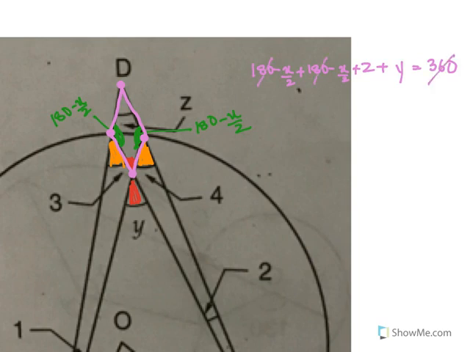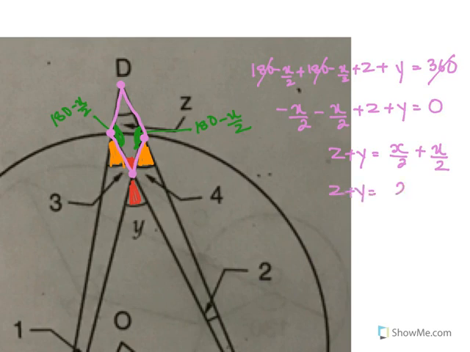This 360 and this cancel out. So minus x by 2 minus x by 2 plus z plus y is 0. So z plus y equals x by 2 plus x by 2, which is 2x by 2. So z plus y equals x.